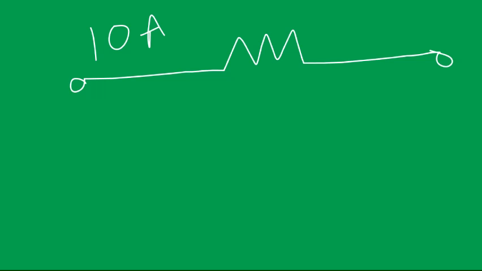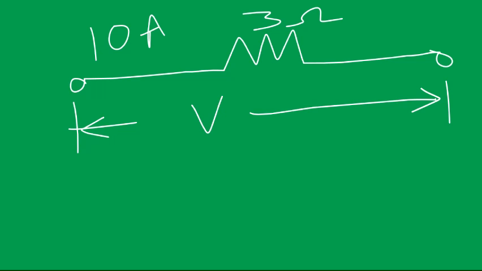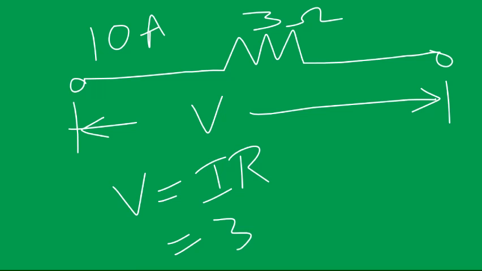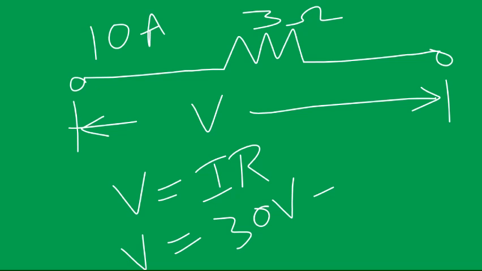The resistance, that means the number of speed breakers, is let's say 3 ohms, and we don't know the voltage. So what is voltage? V is equal to I into R. That means 30 volts is your voltage across your conductor.